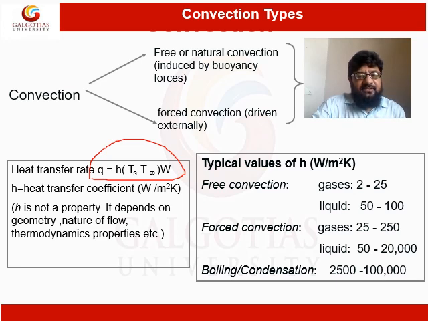Unlike thermal conductivity, which is a property of a material, solid or fluid, h is not a property of the material. It depends upon the nature of flow, other thermodynamic properties, and various other parameters. It also depends upon what type of convection is taking place.